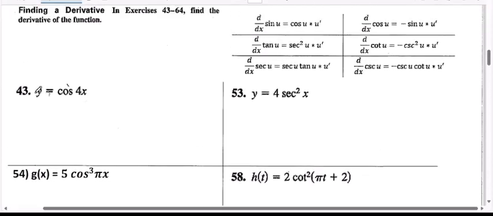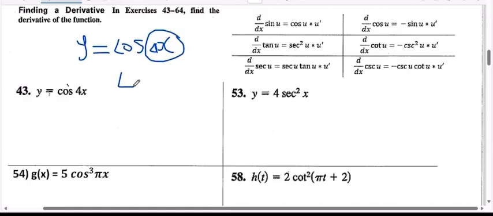If y equals cos 4x, before we normally have cos x, but right now we have cos 4x. So in general form, you may have y equals cos ax, where a is a constant and x is the variable. Using the chain rule, we're going to let something be equal to the whole of this.